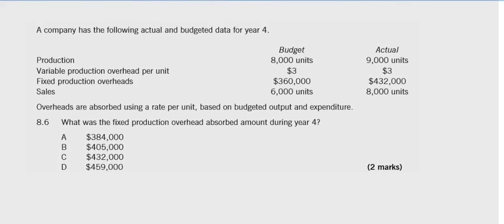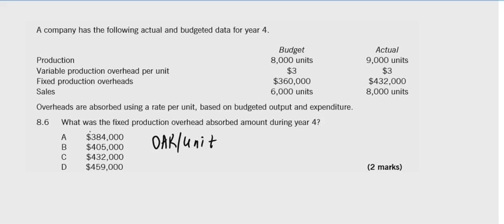A company has the following actual and budget data for year 4. So we have budget data and actual data. Overheads are absorbed using a rate per unit, so the overhead absorption rate is the basis per unit based on budget output and expenditure.